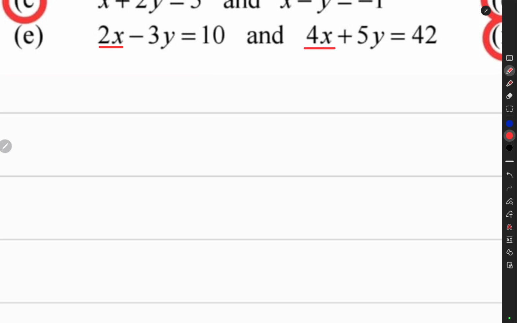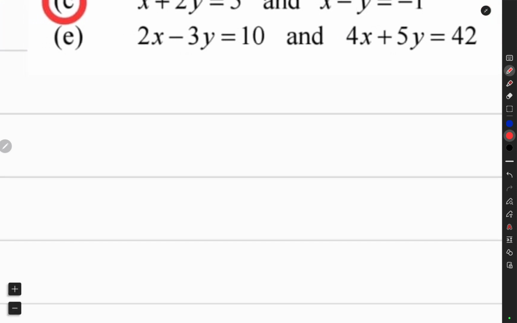But you can think of the LCM of 2 and 4. Remember, you need to apply the elimination rule. Firstly, make sure that the coefficients become the same. So we're going to change this equation, making sure that the coefficient becomes the same as 4x. We need to have 4x.